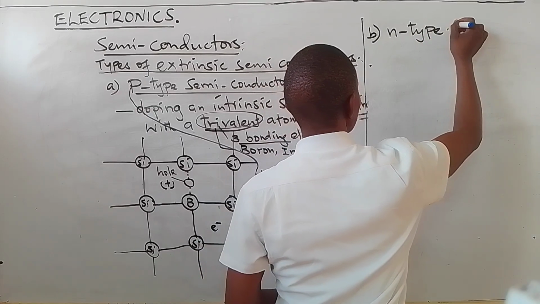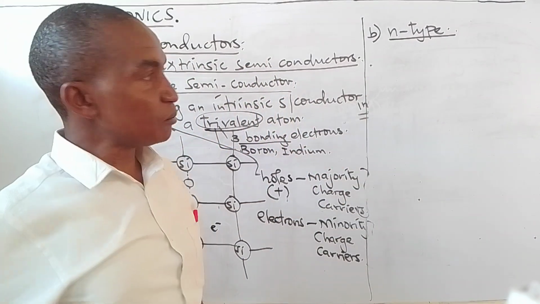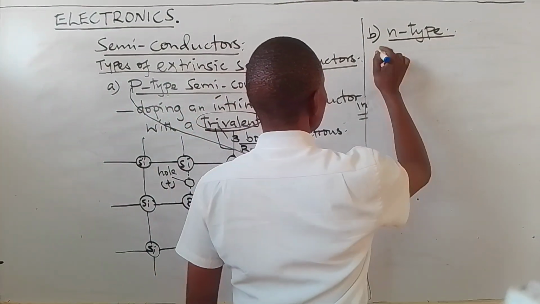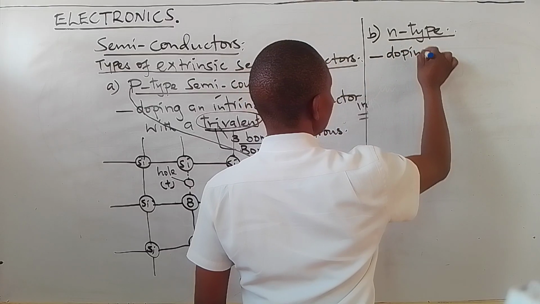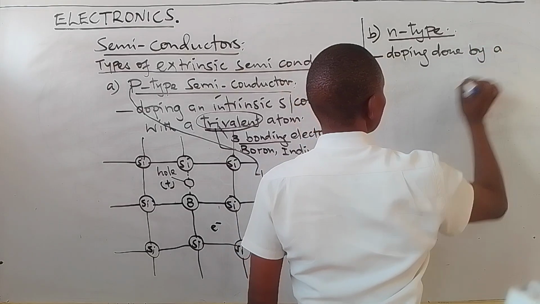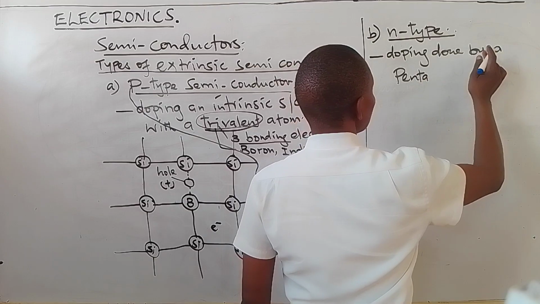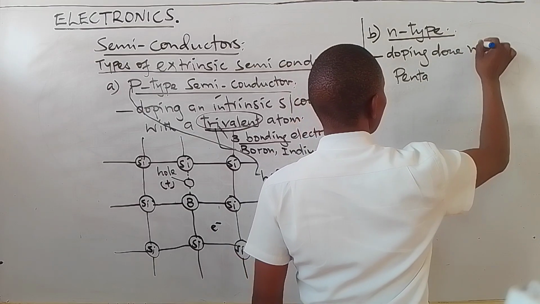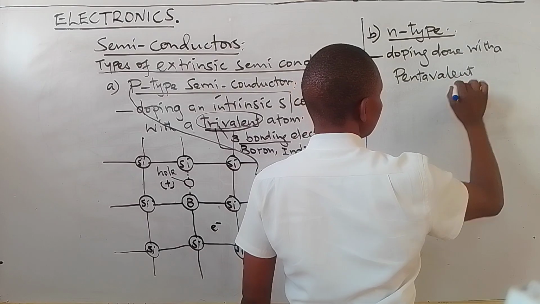This N-type semiconductor is obtained when doping is done with a pentavalent atom.